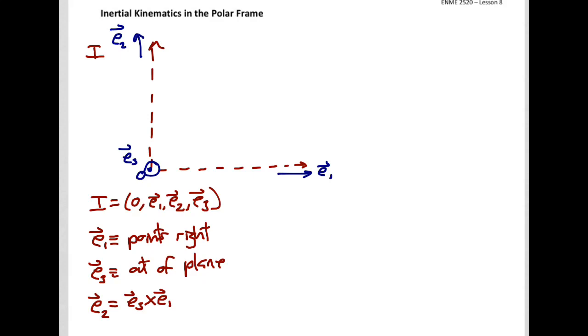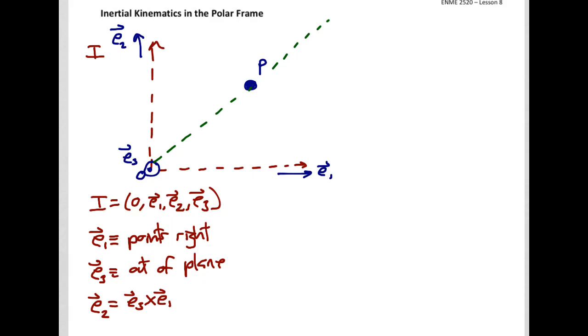Now, the polar frame is going to be in a reoriented plane, or reoriented frame. So let's draw our point P. And so the polar frame is actually defined by the position of the point that we're interested in. And so it's a frame of reference that shares an axis with another reference frame, in this case the inertial reference frame, and then it's going to have a unit vector, or an axis in this case, that's actually pointing to the point of interest.